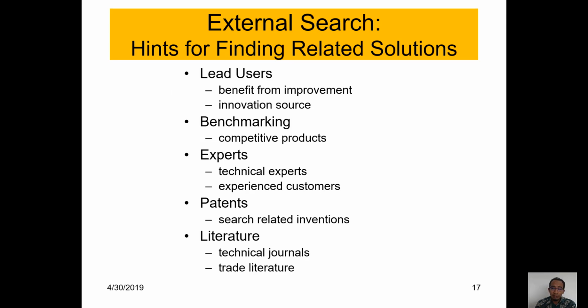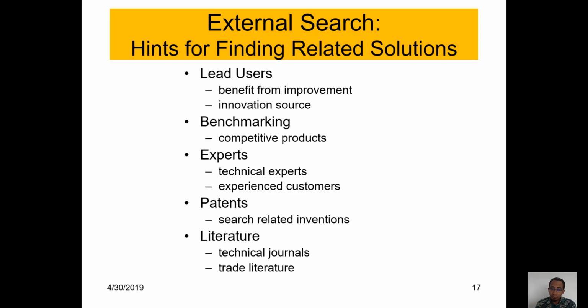So, hints for finding related solutions: we can deal with lead users, try to take benefit from the improvement or innovation source, because lead users, we know, are the extreme users that usually have high requirements. They are very demanding types of users.